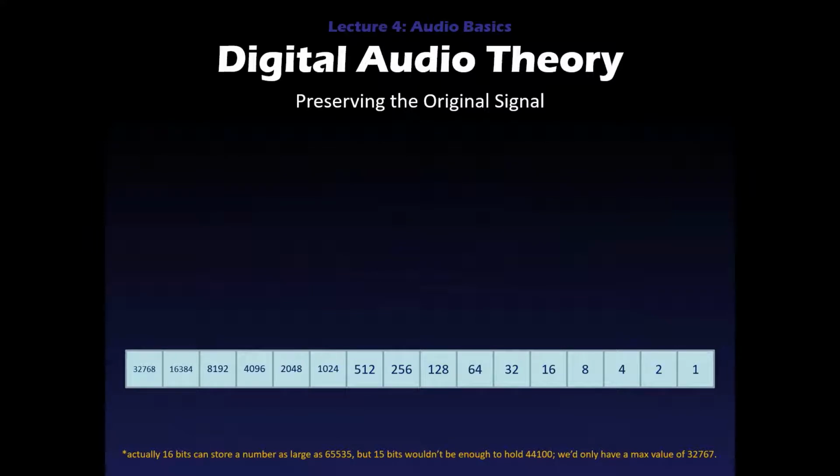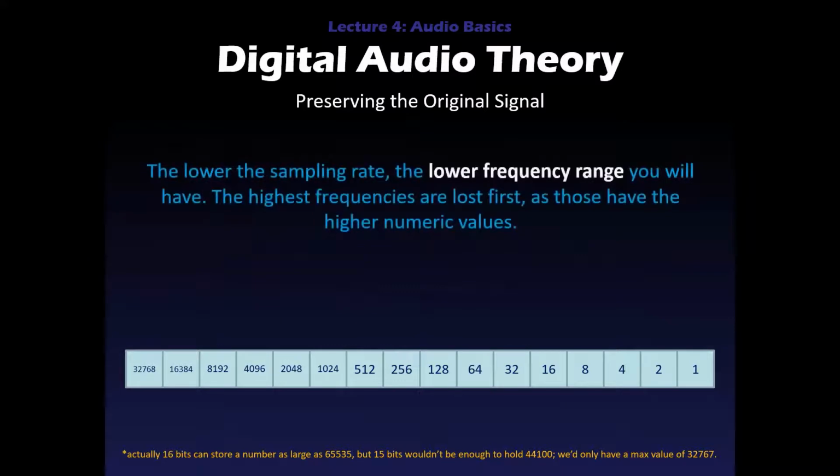Now, it's very important. All the stuff I just told you, I'm going to sum up in another way. The lower the sampling rate, we know we need a high sampling rate, what we perceive as high, 44,100 samples for the human hearing range. Now, if you subtract from that, you're going to lower the possible frequency range that you're going to hear because the high values are going away first.